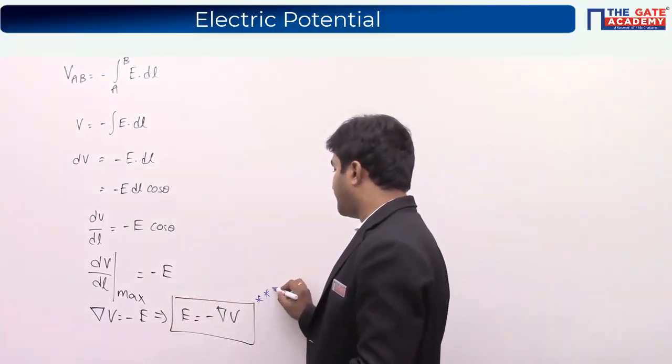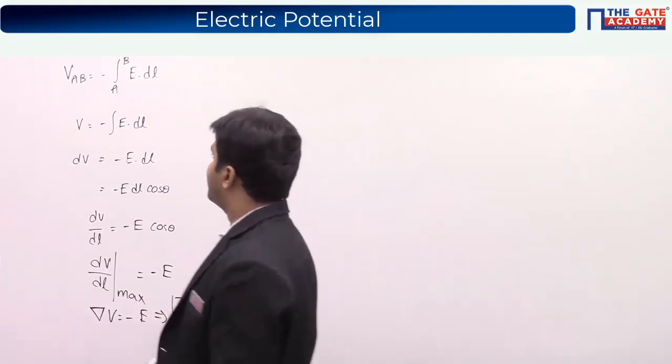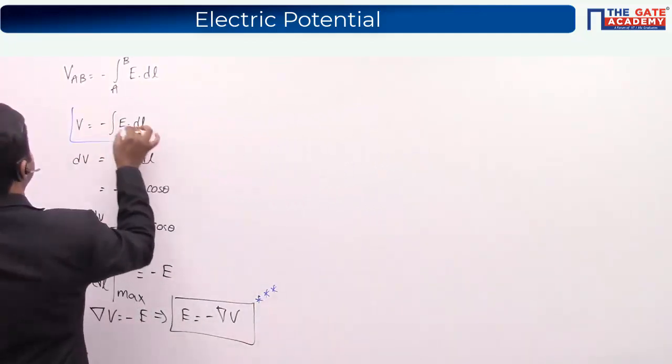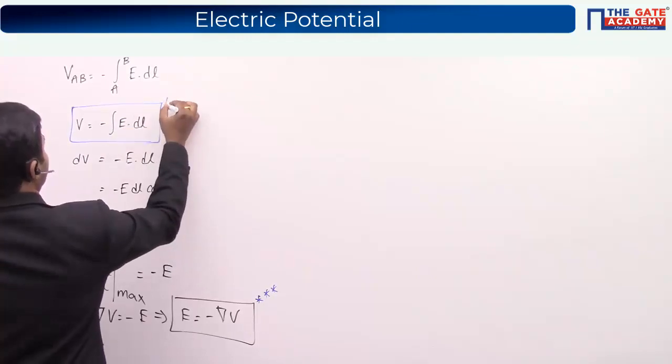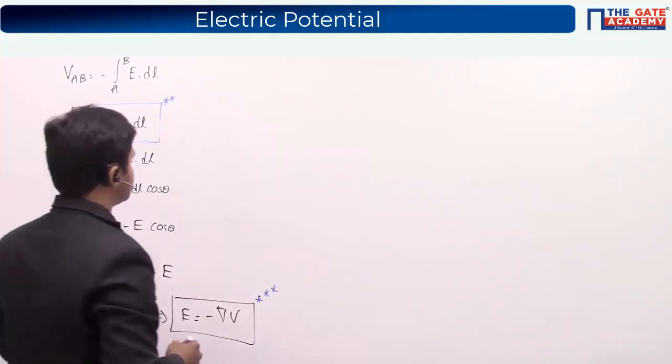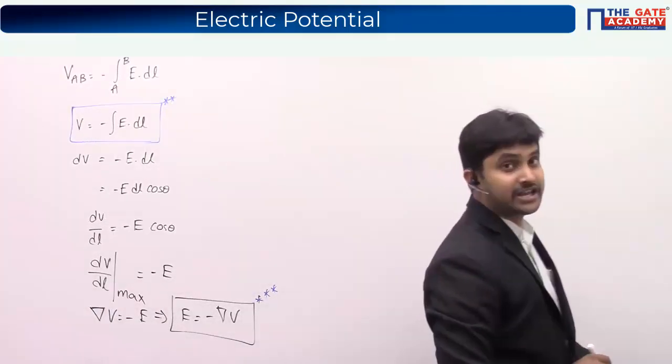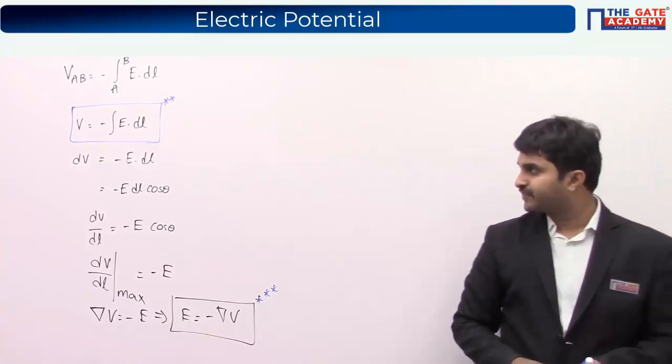It's an important formula, and this particular formula is also important: V is equal to minus integral of E dot dl.